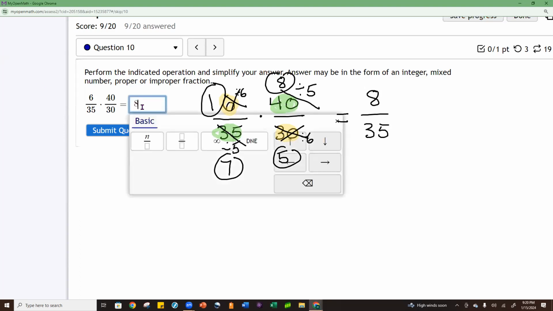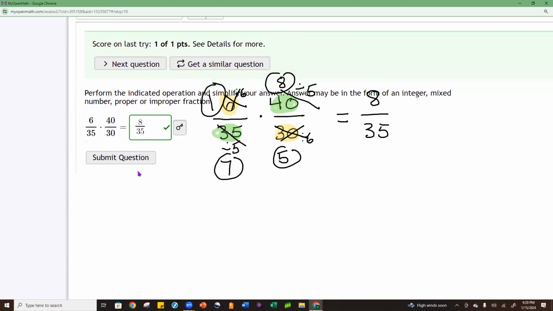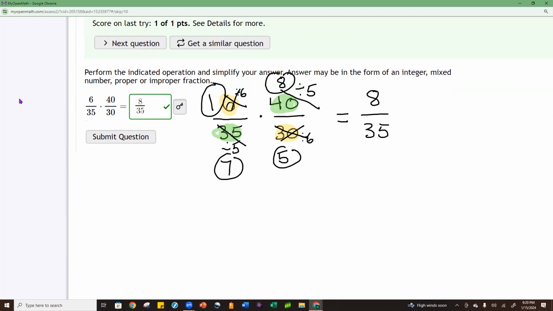If you didn't do that, you would get 6 times 40, you get 240, and then you'd have to do 35 times 30, and you would get 1,050, and you need to try to come up with the greatest common factor. Actually, what I would do first is I'd divide by 10 over 10, and I'd get 24 over 105.